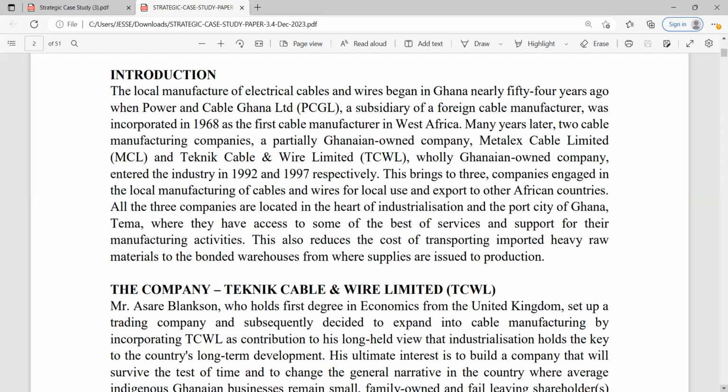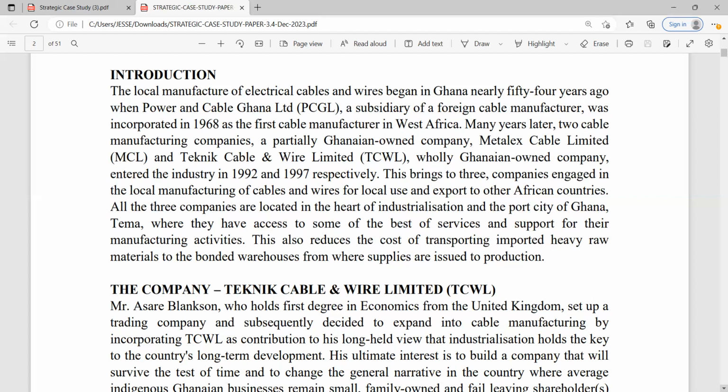So in this analysis, I would definitely go and look into the Porter's diamond, right? The Porter's diamond, very, very crucial. I'll go and look into the Porter's diamond and try and understand what's going on there.